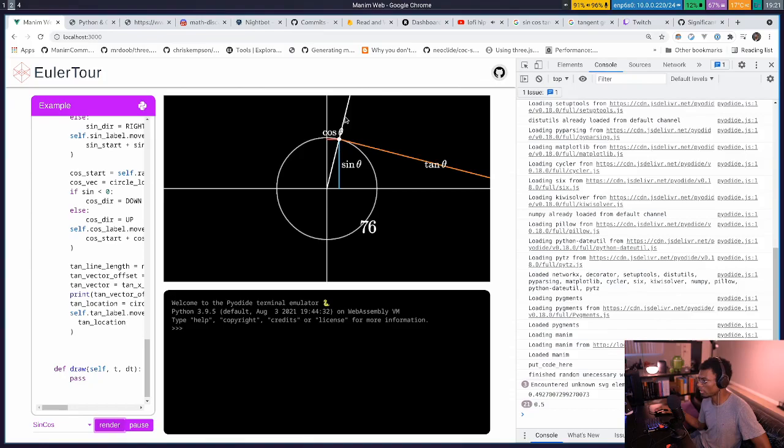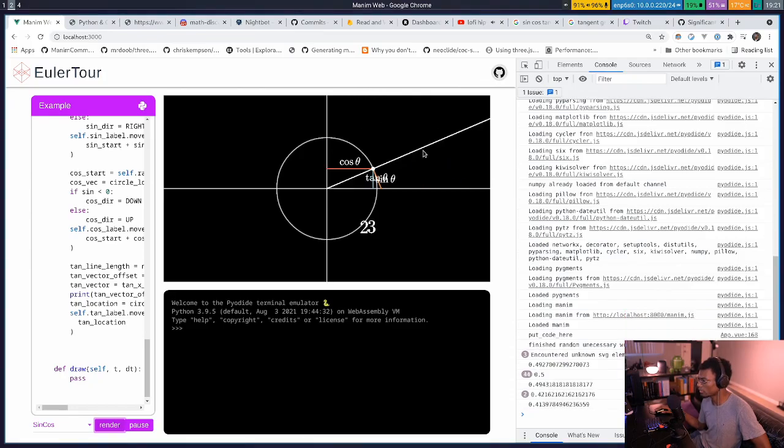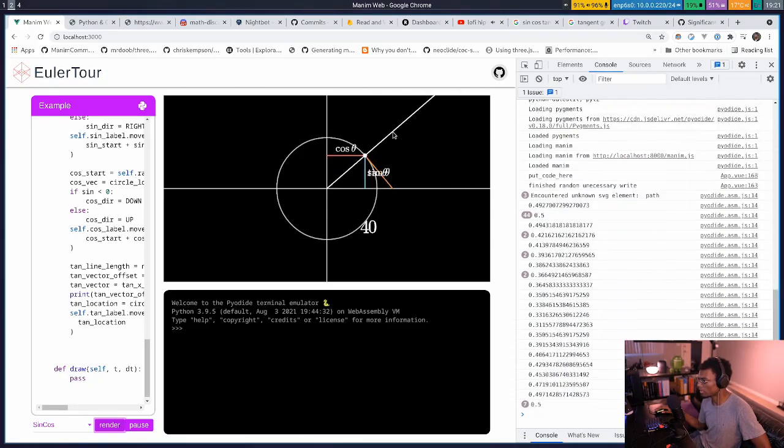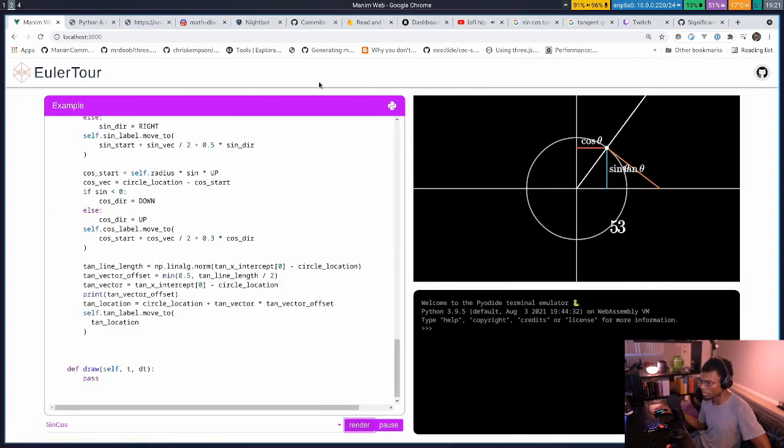So here it looks like it's working. It's staying at half, and then it's getting smaller when it needs to. So why is the tangent label going so far?